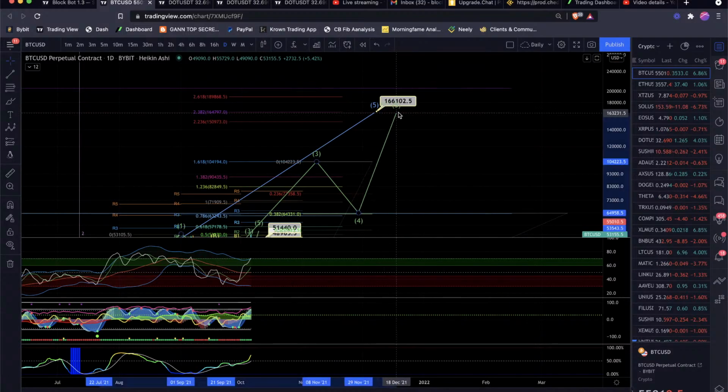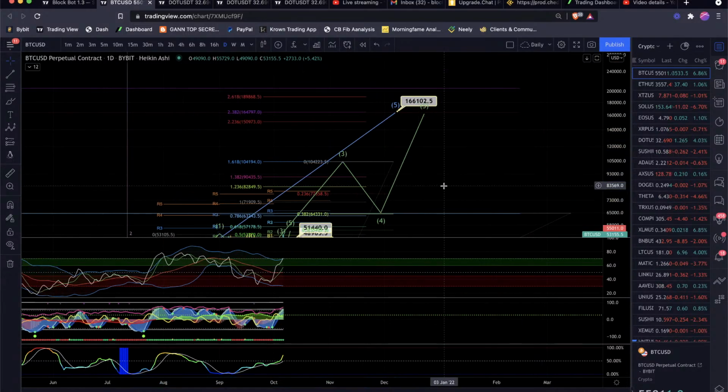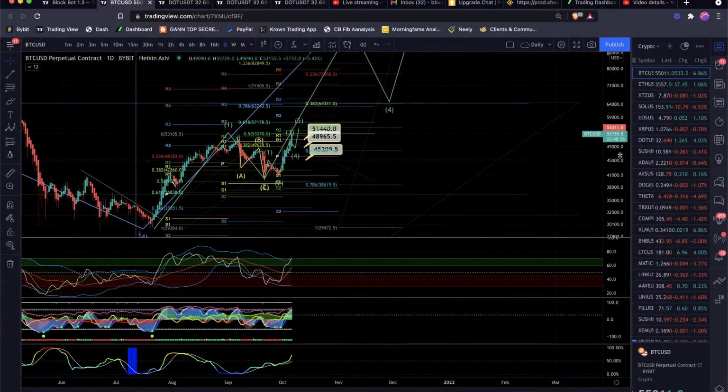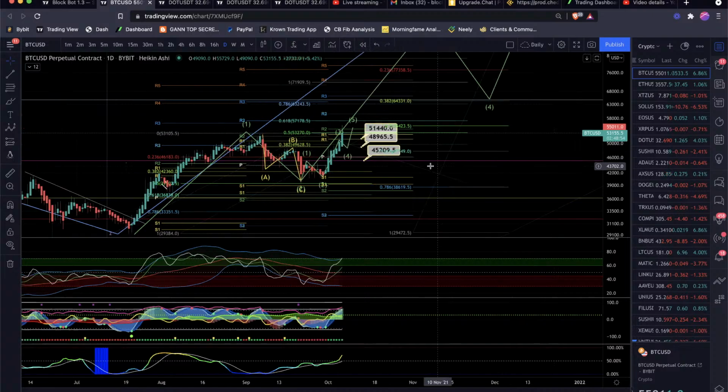Okay, so that is the bullish aspect of it. The only other option that I'm really considering, and again I want to look at a bullish option and a bearish option, is to have this as potentially a wave B, so A, B, and then another C back down.